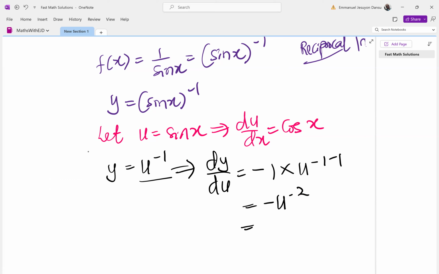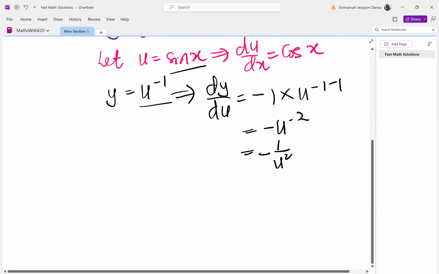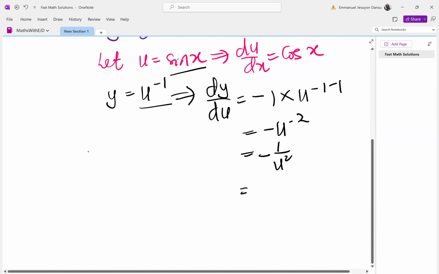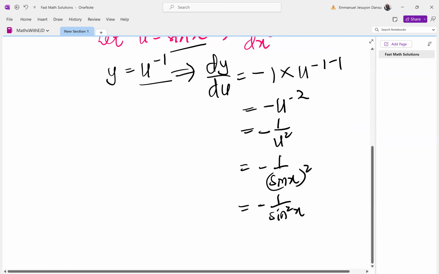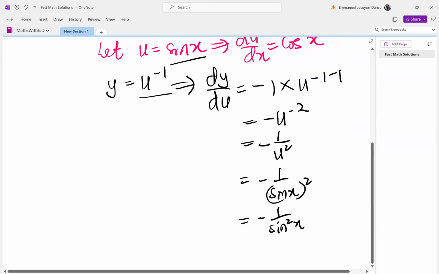You can also say minus 1 over u squared. And then you remind yourself that u is the same thing as sine x. So you have minus 1 over sine squared x.